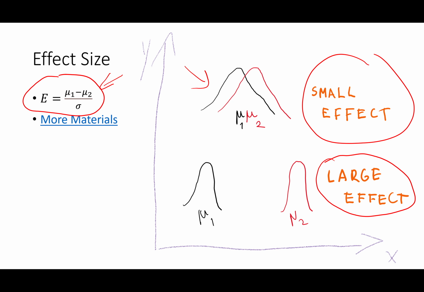But of course, in another case where the difference that we want to see is very small, considering also the standard deviations, then we actually need quite a lot of data to find this significant difference.